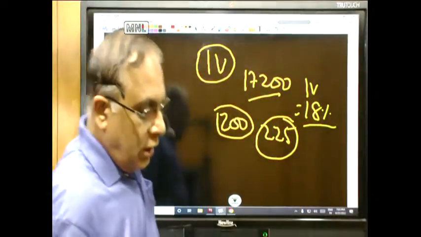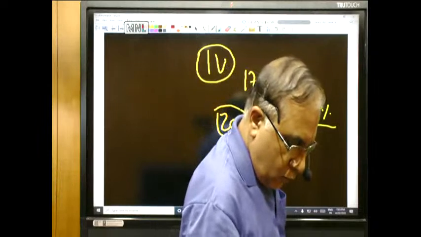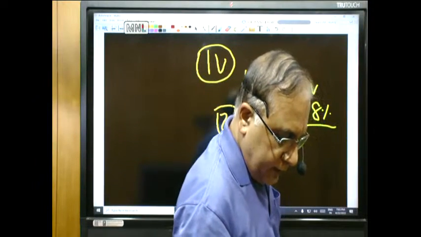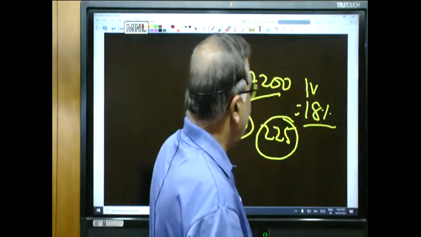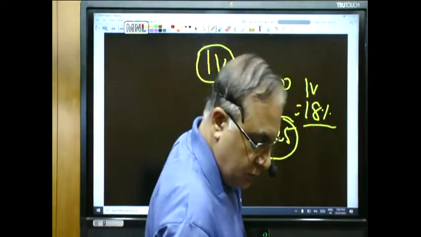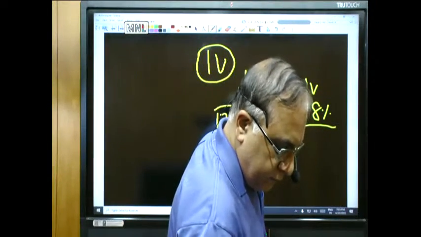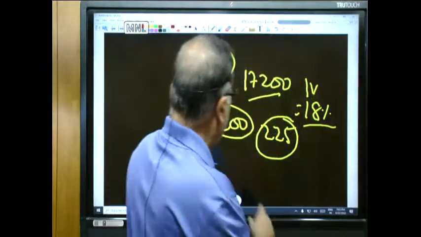We have to take 1 divided by the root of 256, into 18. That gives 1.125%. 1.125% on 17,200, as I told you, is approximately 193, about 200 rupees.